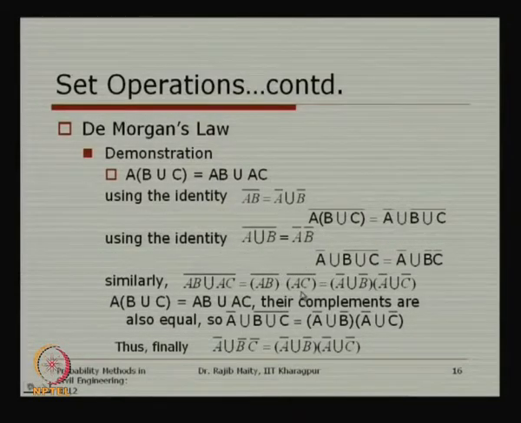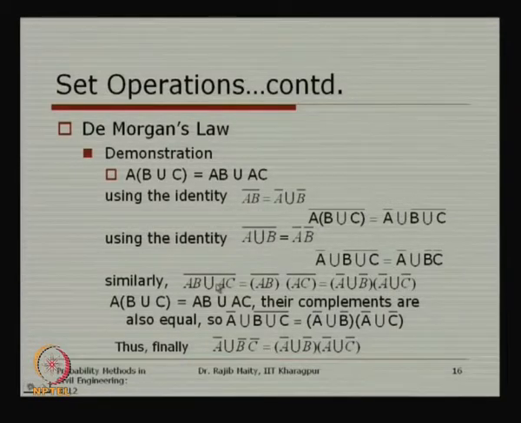Which is again equal to, by using the identity A intersection B complement equals A complement union B complement, we put this here, so that we get A complement union B complement and A complement union C complement.